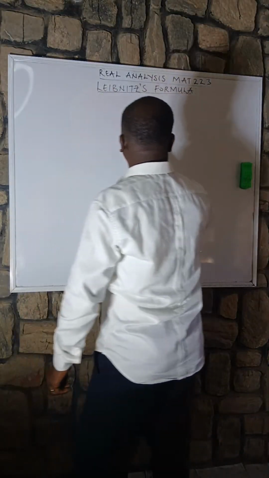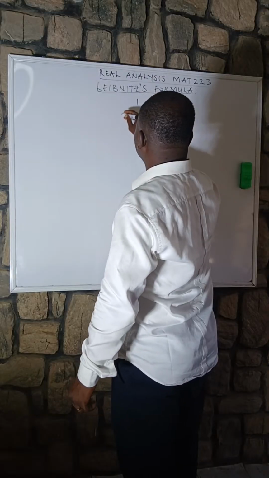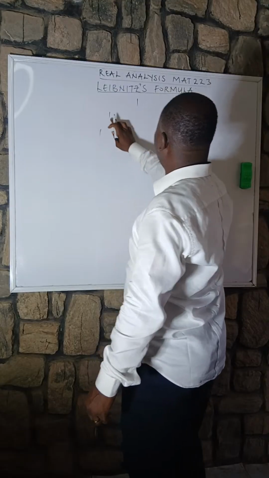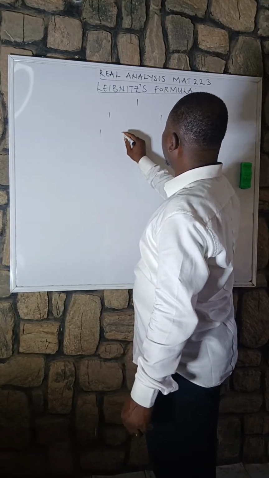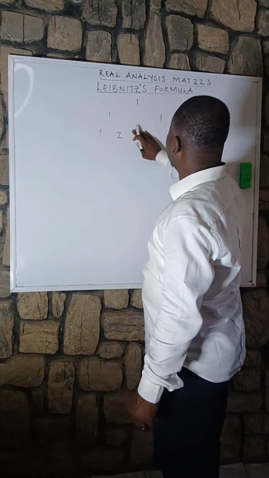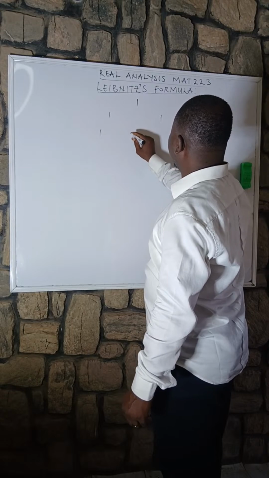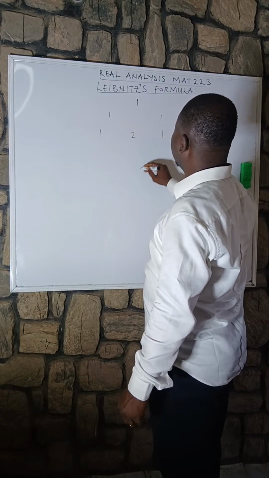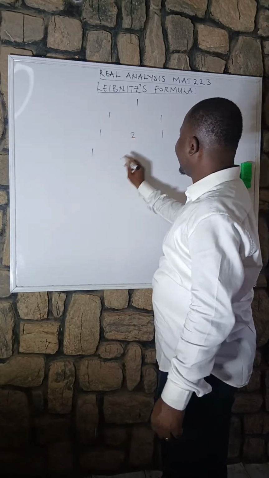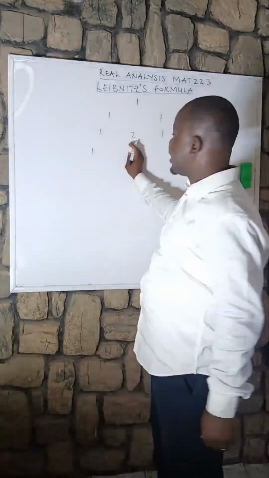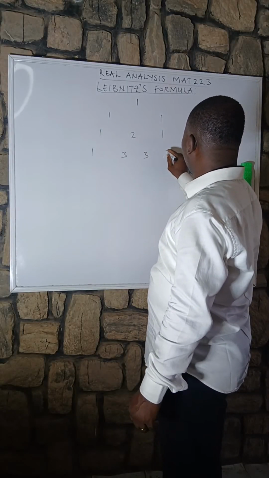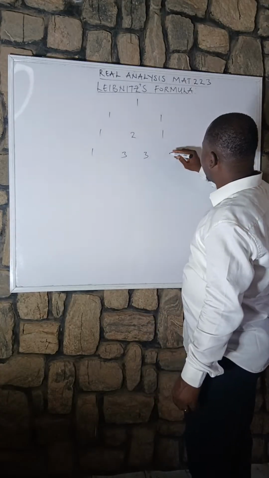We can have a Pascal triangle: 1, 1, 1, then 1 plus 1, 2, right? Then 2, 1, then we have 1 plus 1, 3, 1 plus 2, 3, right? Then 2 plus 1, 3, 1, again 1.